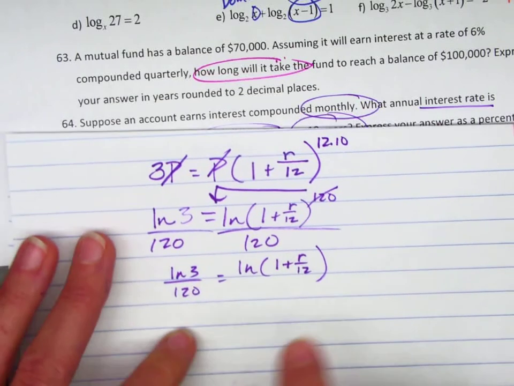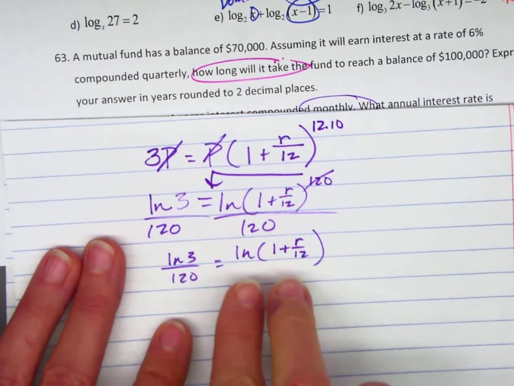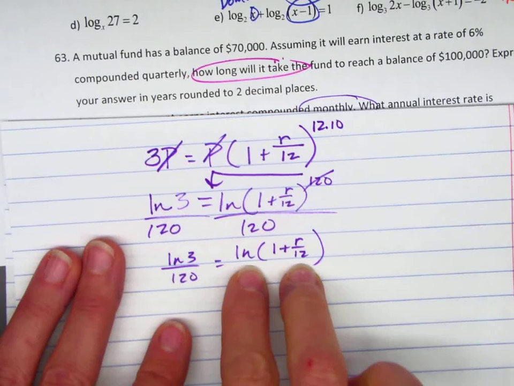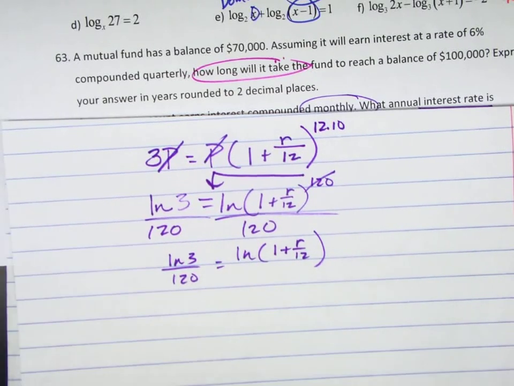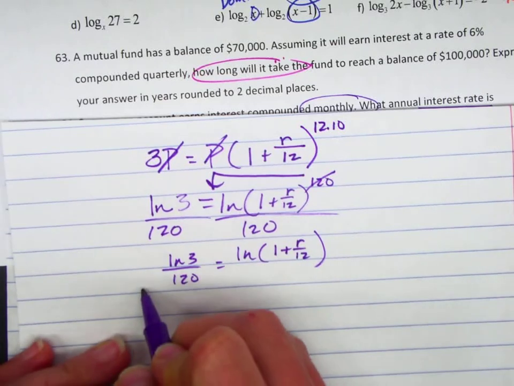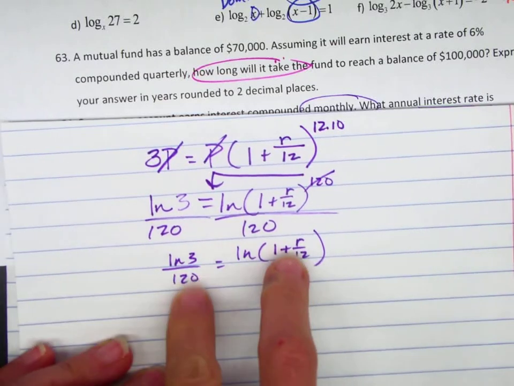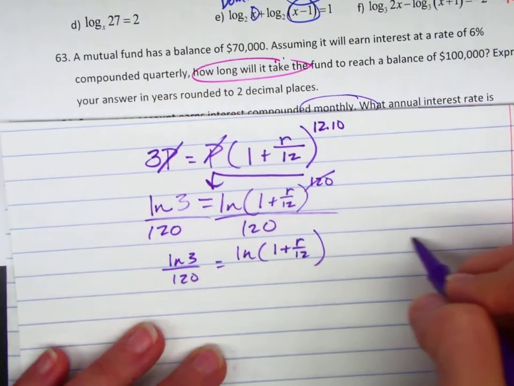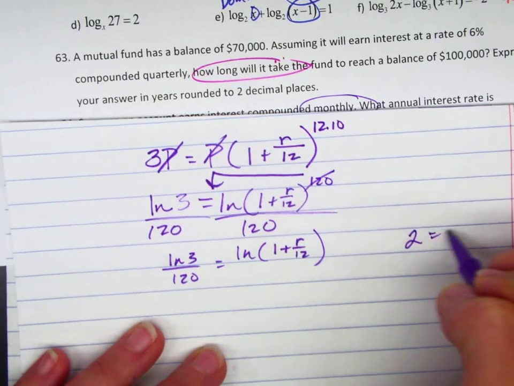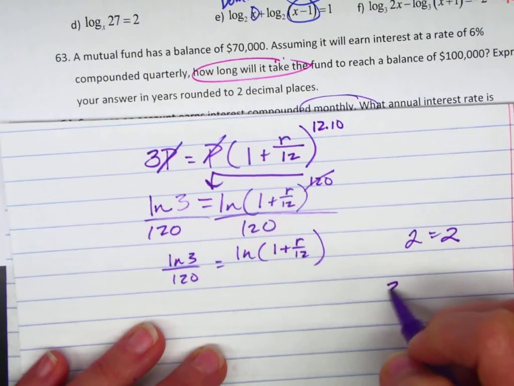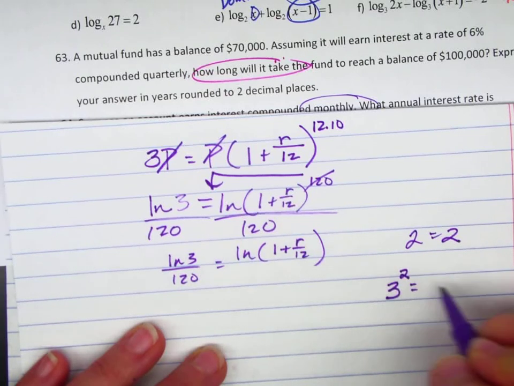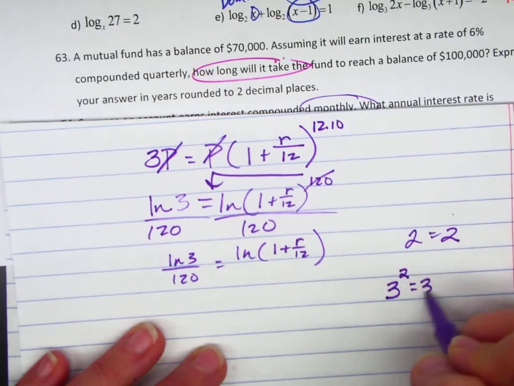So I need to evaluate this. This is tricky here, but if I make these exponents, for example, if I have 2 equals 2, and I create any base I want, say I have 3 raised to the second, well, then that's going to be also 3 to the second.